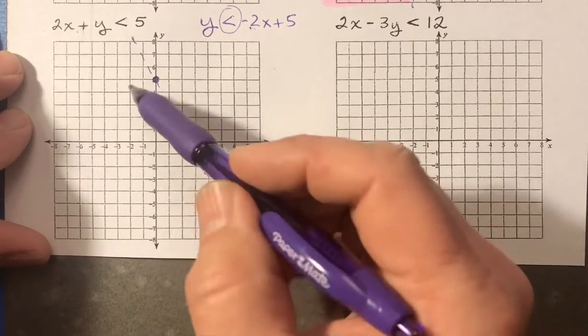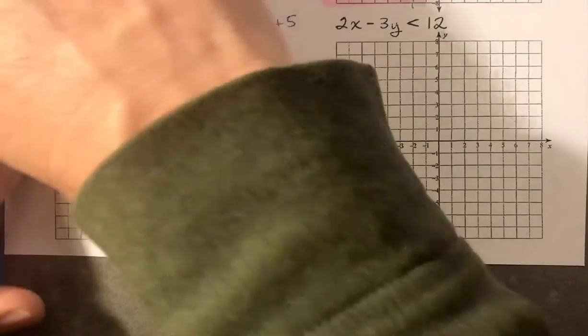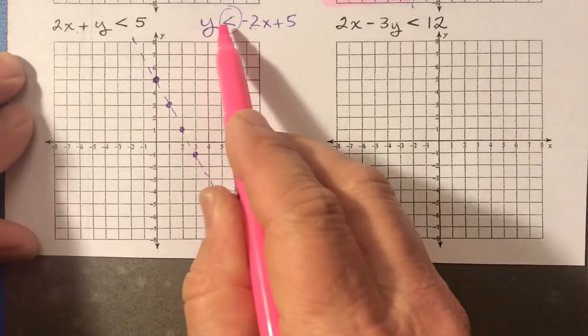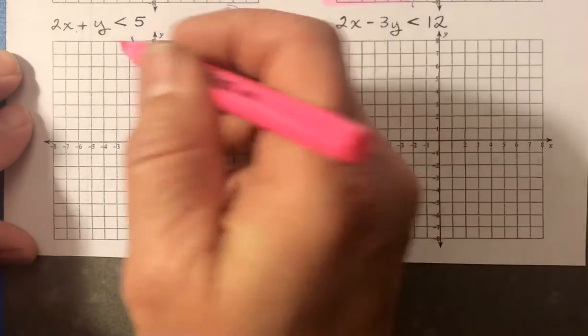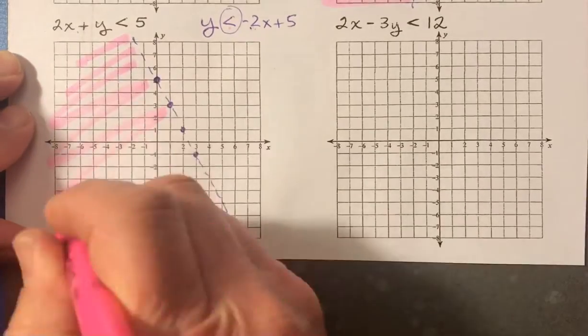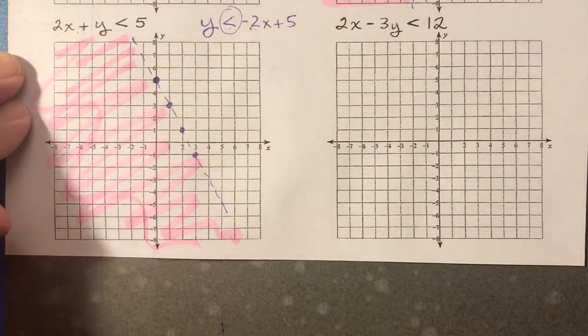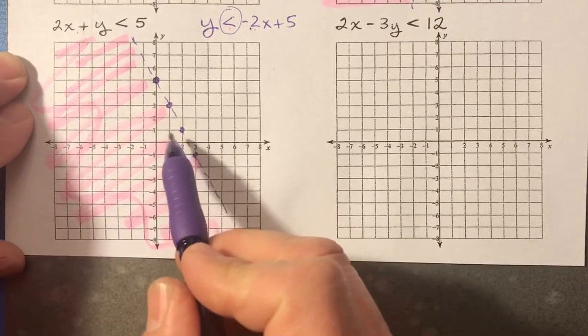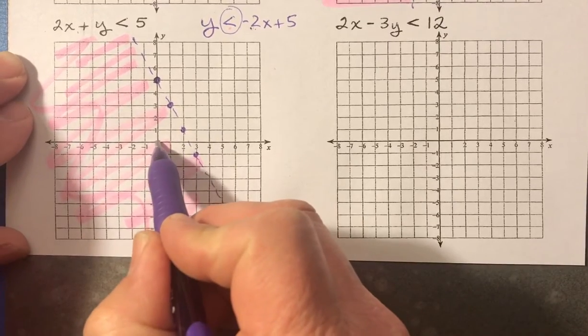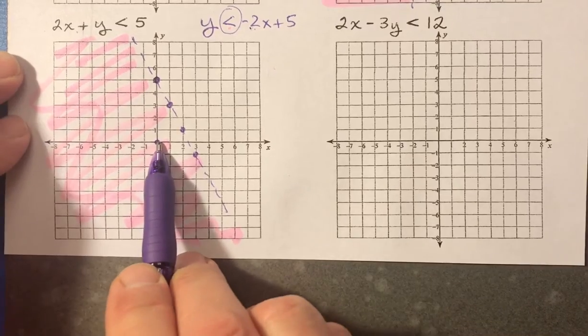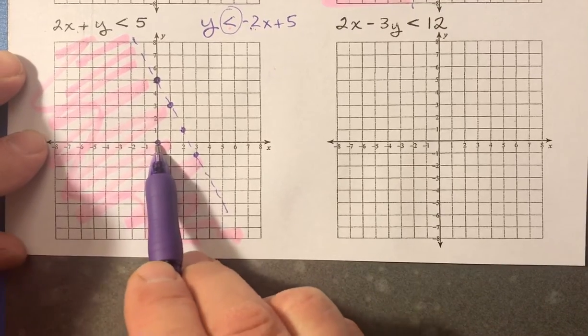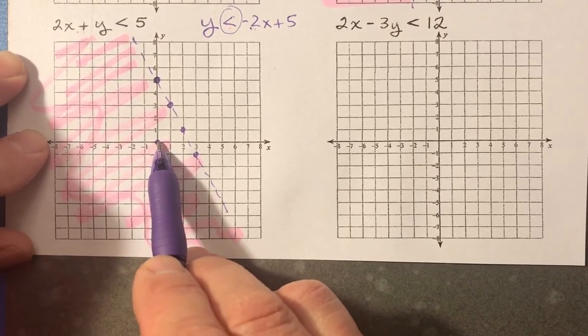Now, if we shade all the points where y is less than negative 2x plus 5, that would be all the points that are below that line. Now, if we chose a point, such as the origin, we could double check and make sure that this makes the statement true.